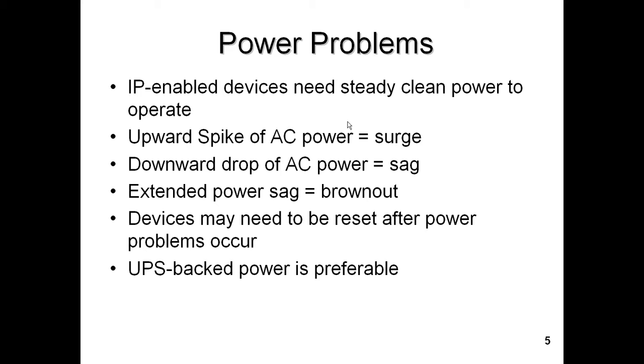Sags can be particularly damaging and dangerous to PC equipment, cameras, etc. An upward spike in the power is called a surge, a downward drop would be called a sag, and an extended power sag would be called a brownout. And of course, you know what a blackout is. That's when you have no power at all.